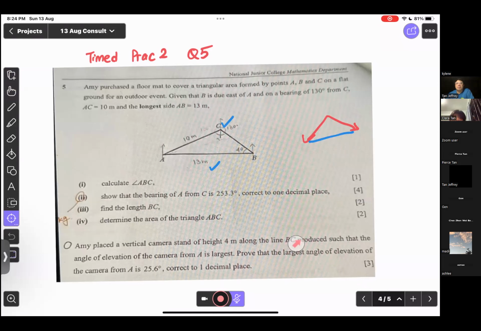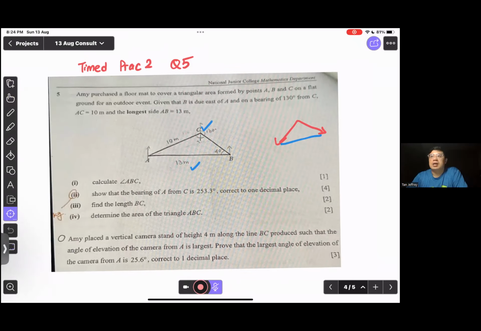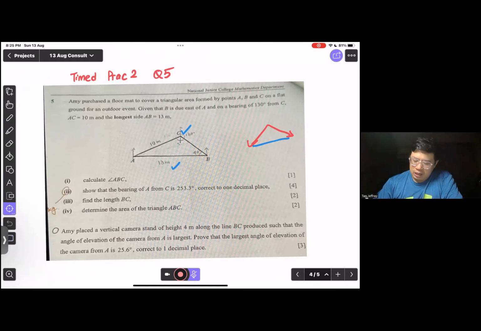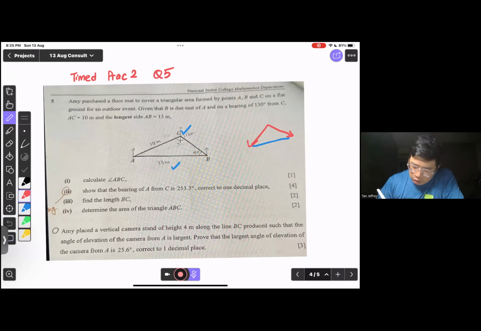Okay, so when they say BC produced, you know what it means? Let me just spotlight myself. I don't know whether you all can see. If I spotlight myself, it means I cannot see you all. So BC produced means the point could be somewhere here.